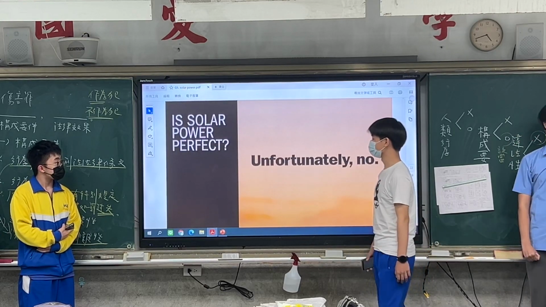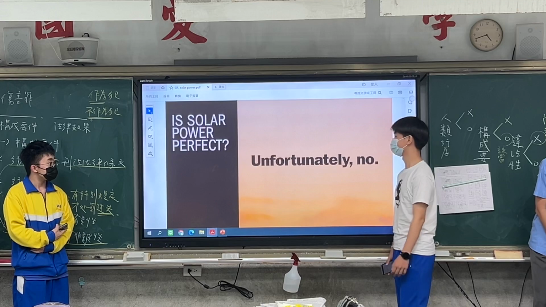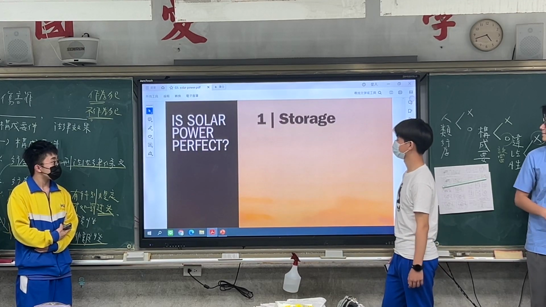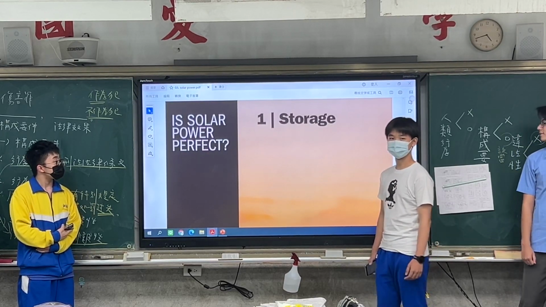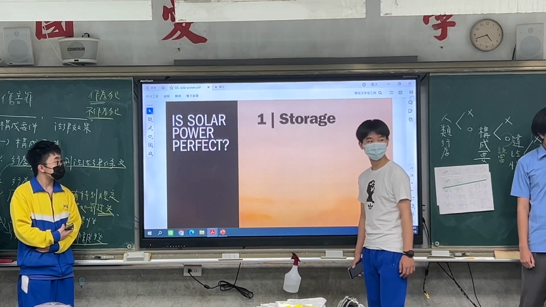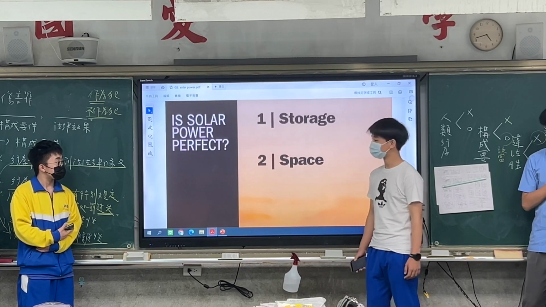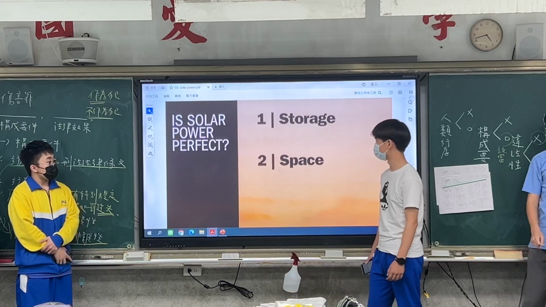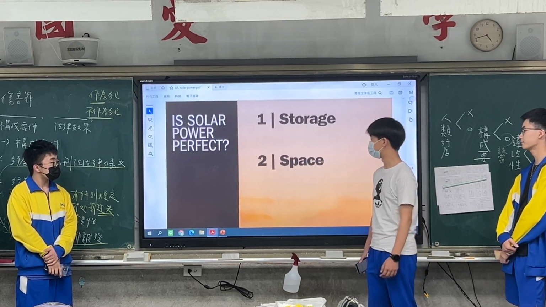Is solar power perfect? Unfortunately, no. First, the energy has to be used right away, or it could be stored in large batteries. Second, the more electricity you need to produce, the more solar panels you need to produce it, which uses a lot of space.